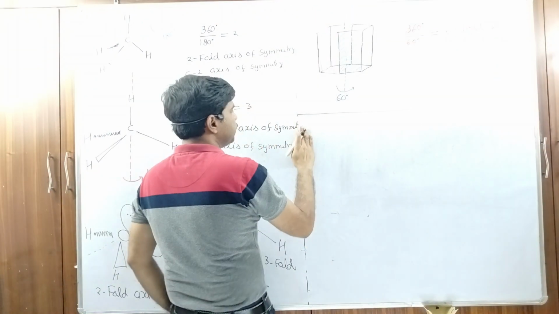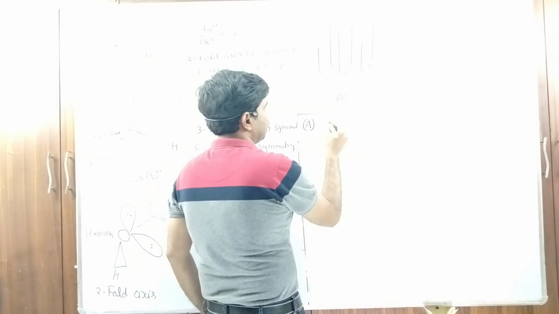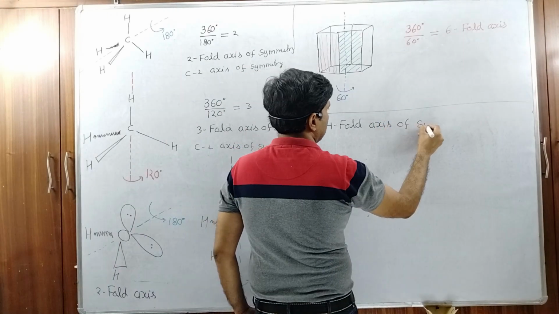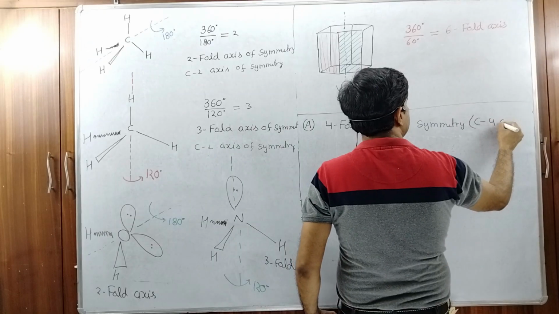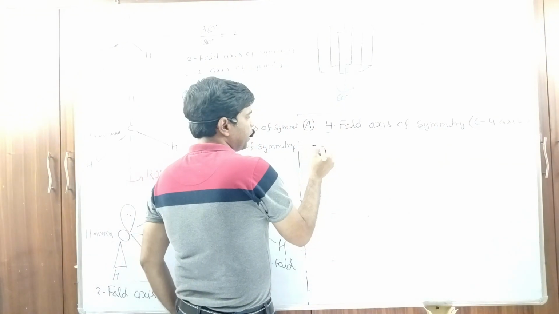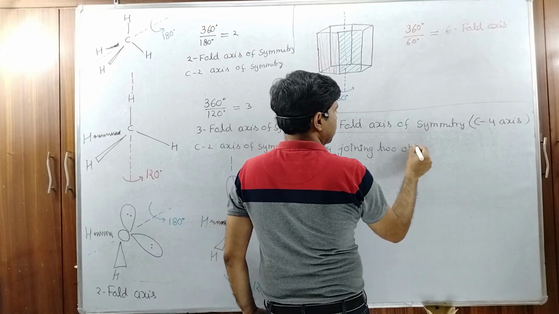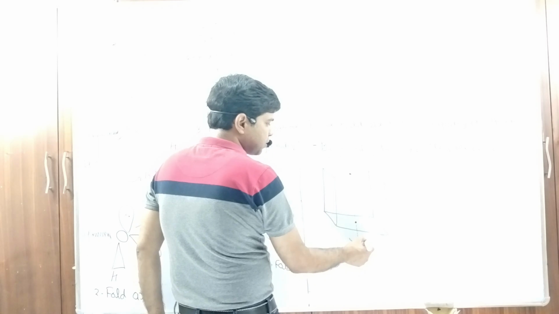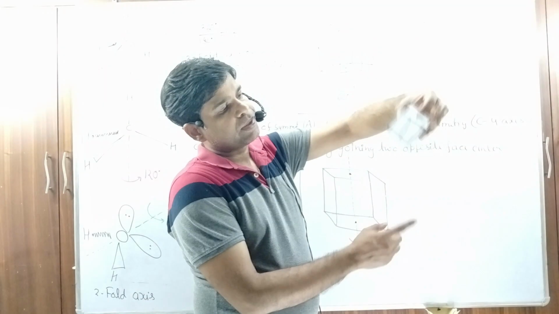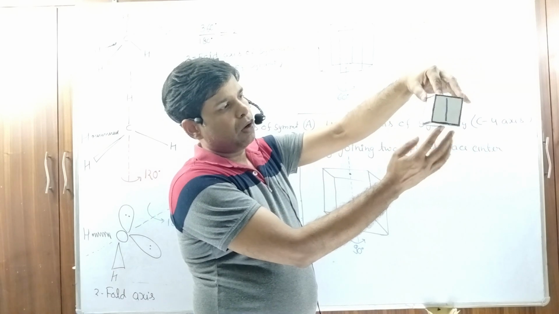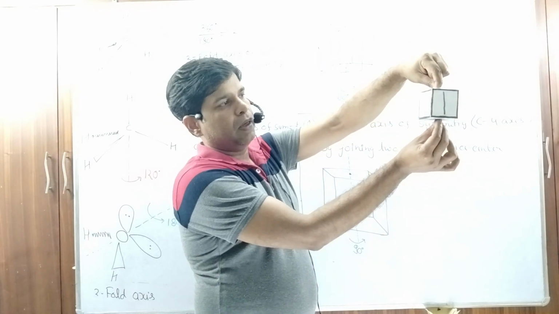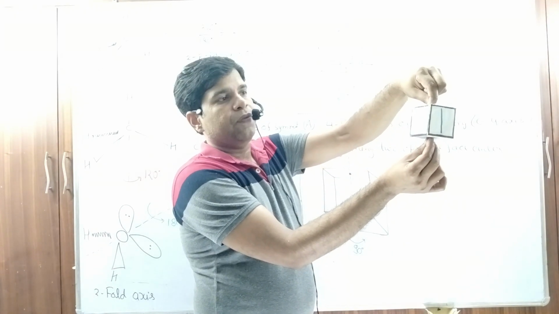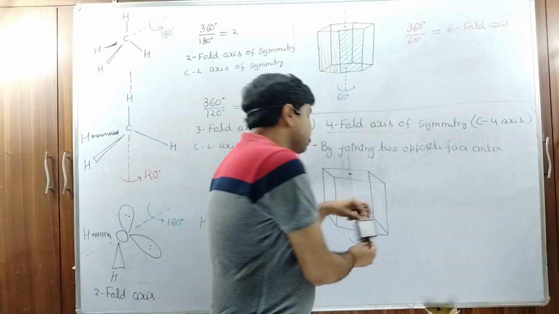So in the cubical unit cell, the first type is the 4-fold axis of symmetry, also called the C4 axis of symmetry. How is it obtained? It is obtained by joining two opposite face centers, the top face center and the bottom face center, and rotating the molecule by 90 degrees. I put two fingers at the top face center and bottom face center, and joining them gives this axis.